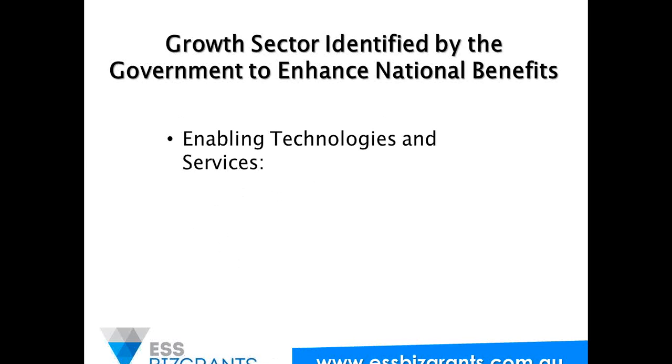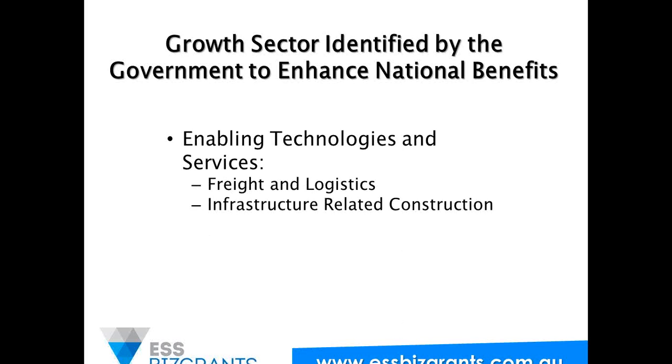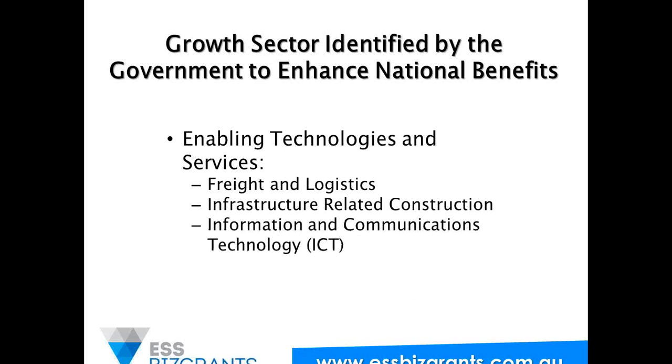And then we've got enabling technologies for those 5 major industries supplied by people operating in freight and logistics, infrastructure related construction, information and communication technology, and professional services, but mainly in the scientific area. Now those 9 industry groups represent over 550 different types of businesses when you look at the Australian Taxation Office business codes.